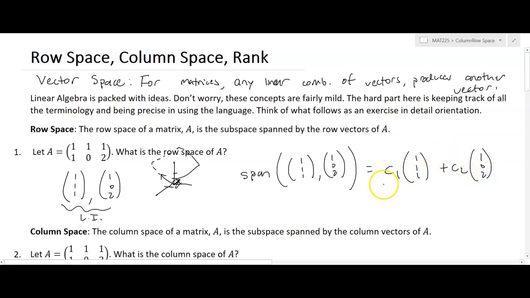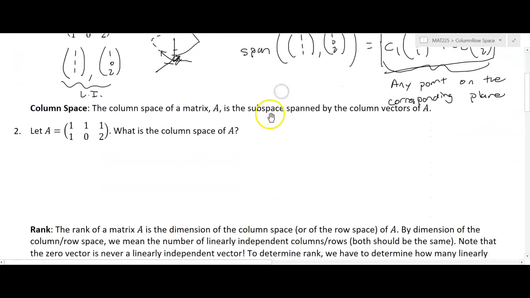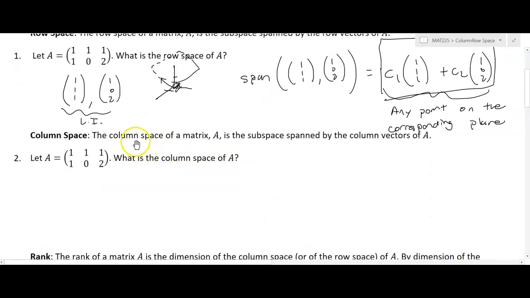What this really means is that this is any vector on a plane, or any point on the corresponding plane. So the row space, the subspace spanned by it, is the set of all vectors that you can generate by this linear combination, where C1 and C2 are any real numbers, including negatives, 0, fractions, decimals, etc.